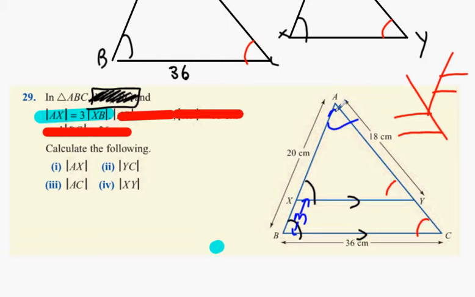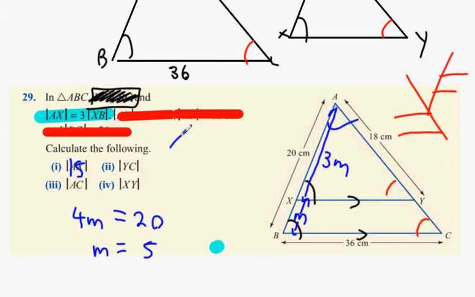So that length there could be 3M, which makes the full thing 4M. And that would mean 4M equals 20. And this means M equals 5. This means XB is 5 and AX will be 15. Okay, exactly. AX is going to be 15 and XB equals 5.